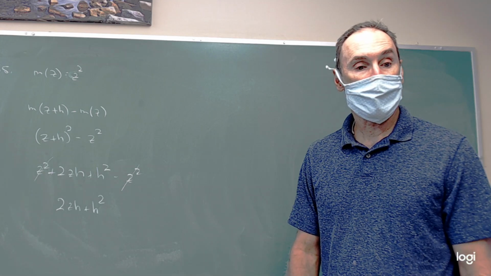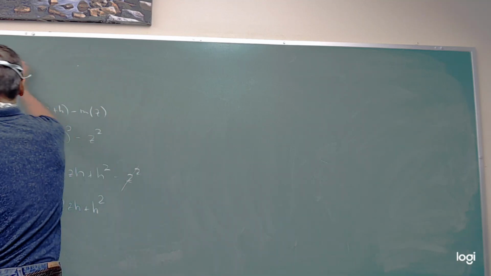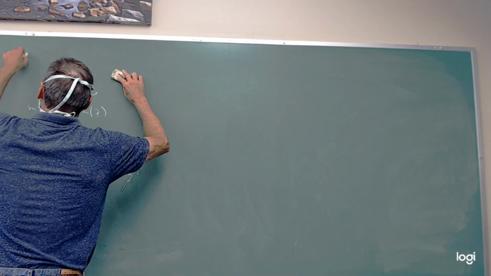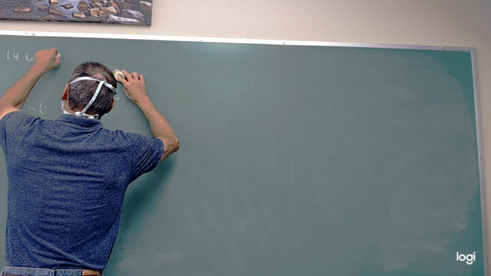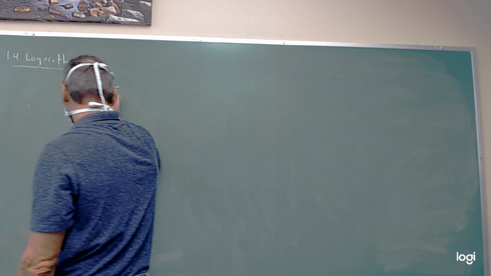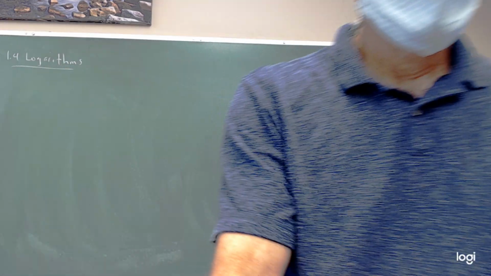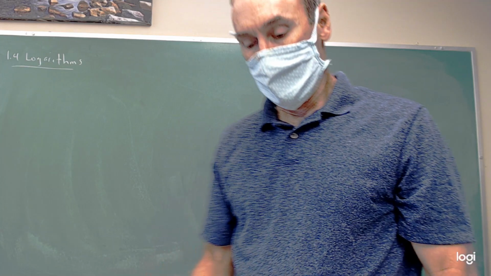Okay, well, we're going to talk then about logarithms. So this is 1.4. So this will be a little bit of a brief review. We did an entire chapter on this last year, but we're not going to go into that kind of detail.